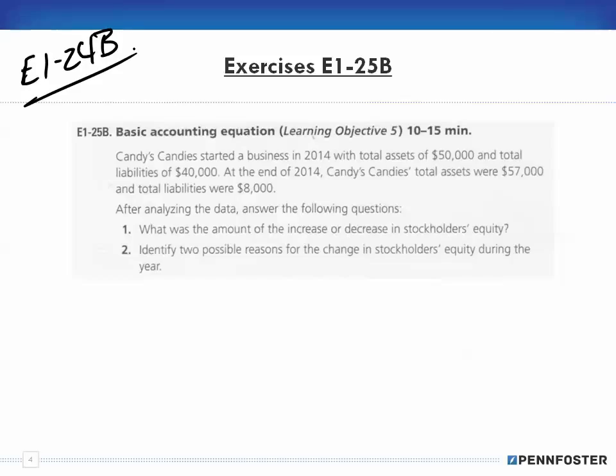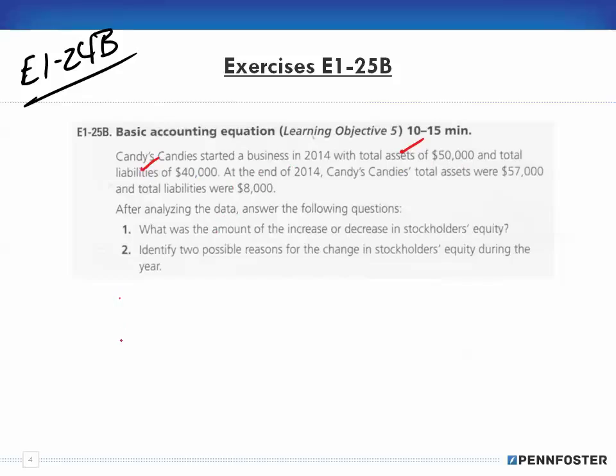So if you want to go back and watch that one, if you haven't already, it looks to be the same as that one, except this one here we're looking at assets and liabilities, which means we don't know what the equity is, whereas in 24B we didn't know what the liabilities were.